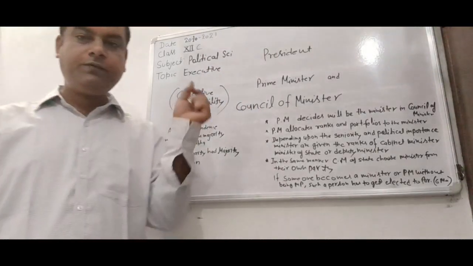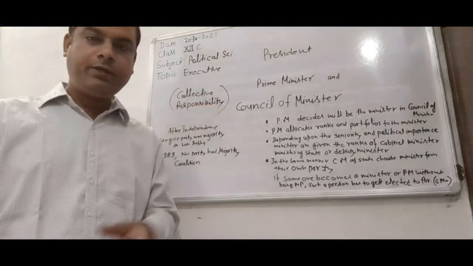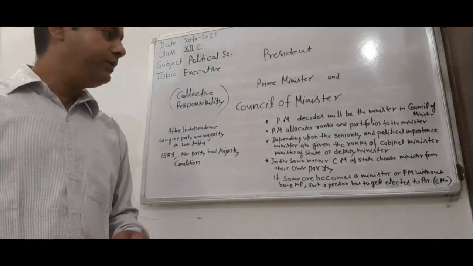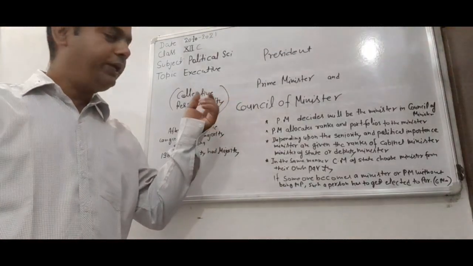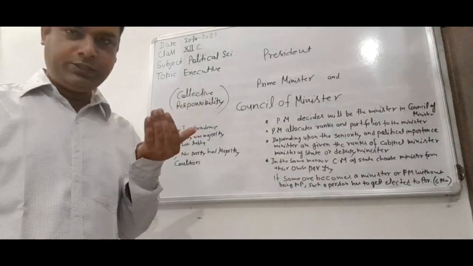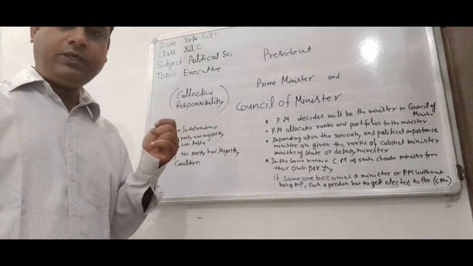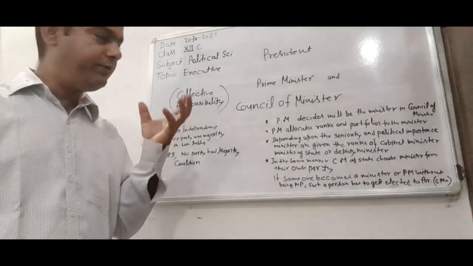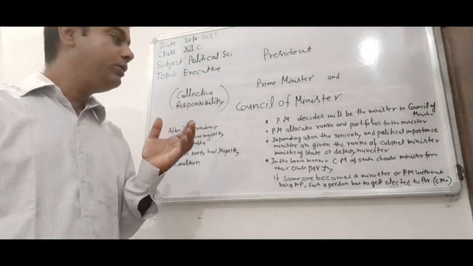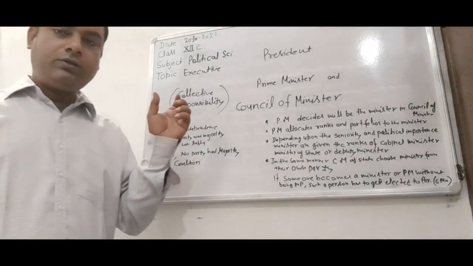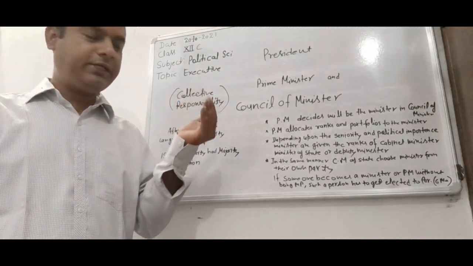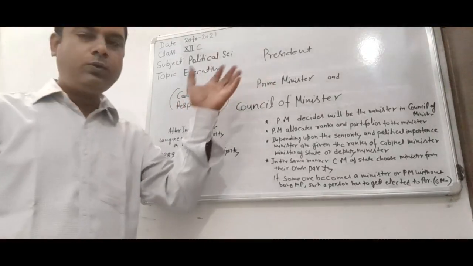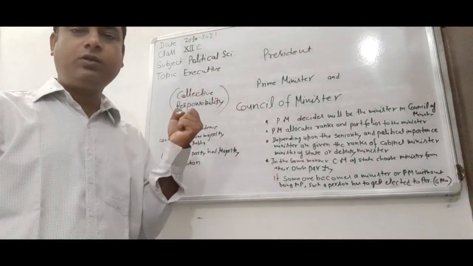It means, class, suppose for the work of any cabinet minister, the people or Parliament are not happy, and they are criticizing, and the cabinet minister gives resignation, it means the whole team is responsible.